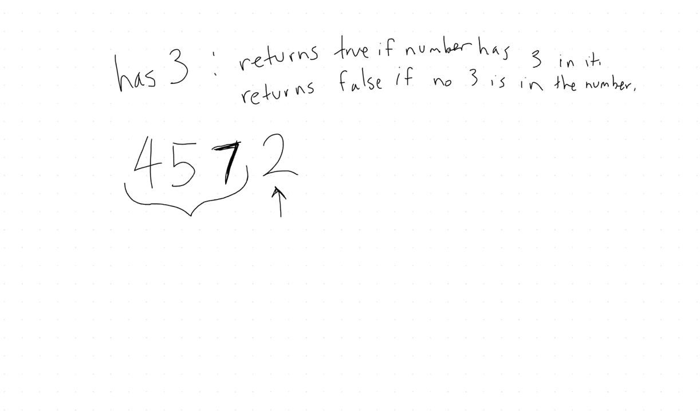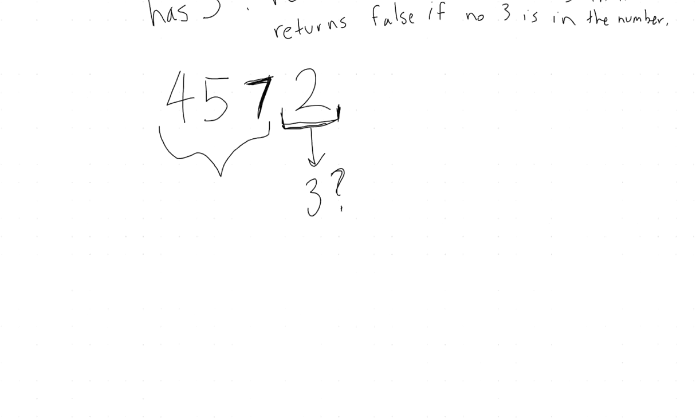So a smaller version to tackle to make this problem easier: we already know we're looking at this digit, and if this isn't a 3, then now we want to solve the problem for the rest of the digits, which is just 4, 5, 7. So now we want to look at has 3 of 4, 5, 7.